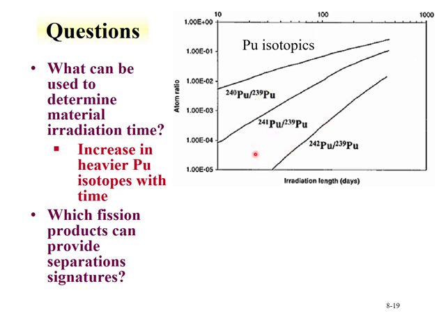The values continually increase as the length of irradiation increases. So the atom ratio can go anywhere from a number greater than 0.1 to values well under 1 times 10 to the negative 5.